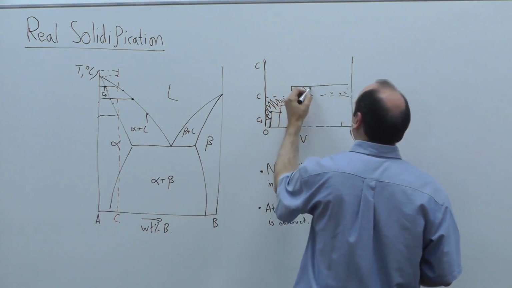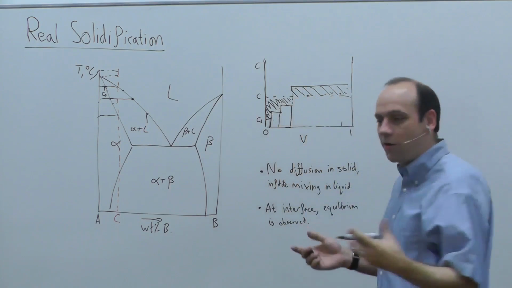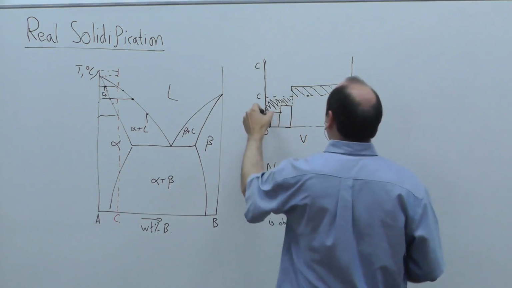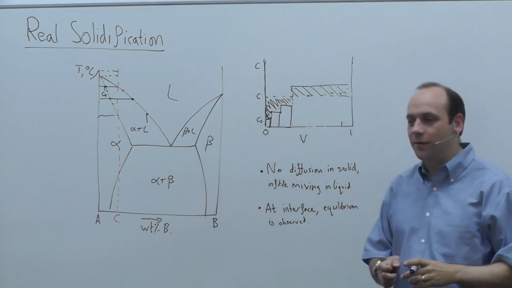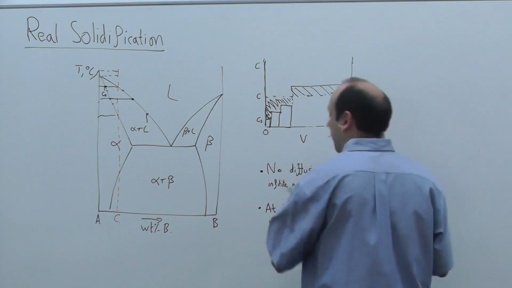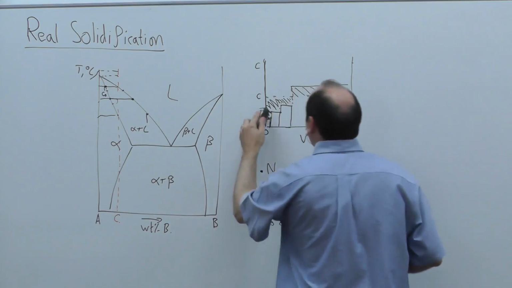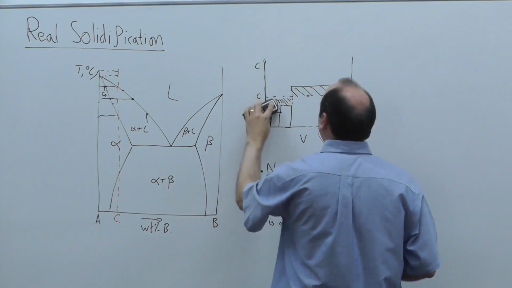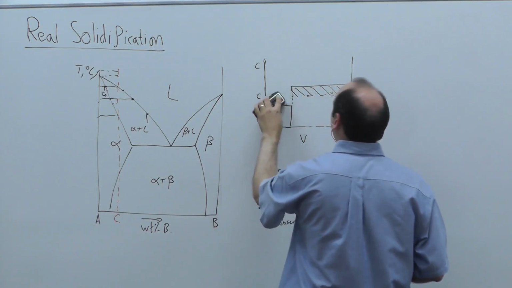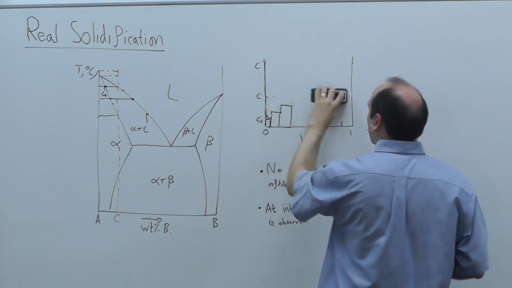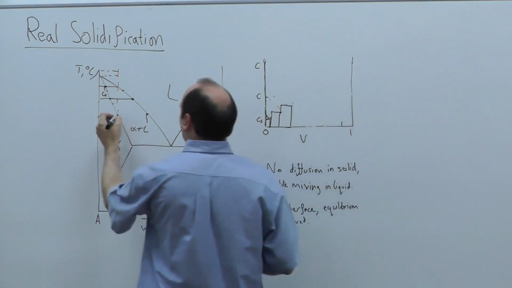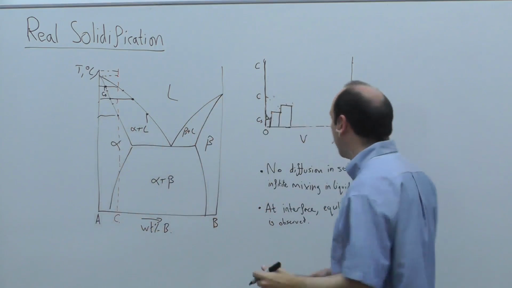So the liquid composition goes up even more, up to that number. And we carry on doing that until we end up running out of liquid, until we've solidified the whole thing. And what that can mean, actually, is that we can get to a situation where we keep enriching the liquid and we go beyond the point in the phase diagram where at equilibrium it would all have finally solidified.